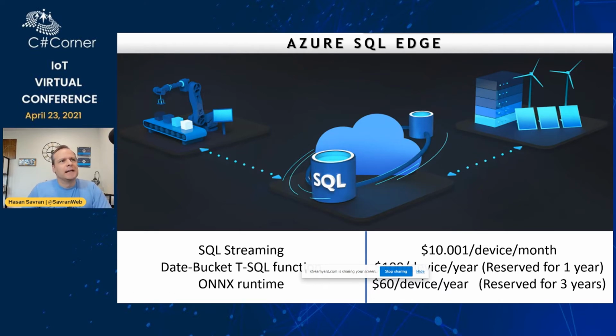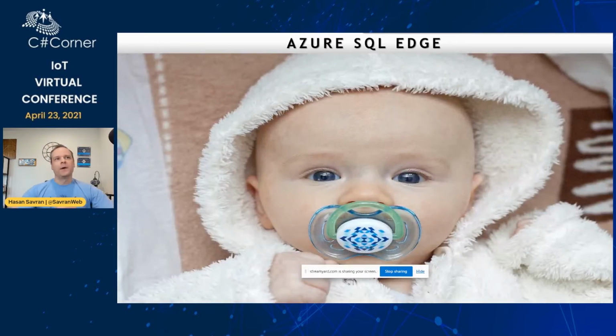To explain SQL Edge on an IoT device, I compare IoT devices to babies. Babies use crying to communicate. The problem is that IoT devices communicate constantly, all the time, so you end up with a constantly crying baby.